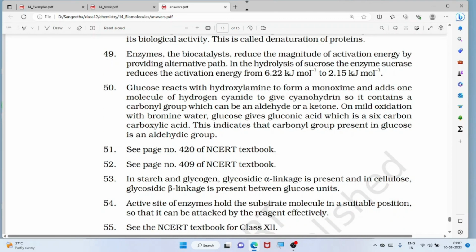Enzymes, the biocatalysts, reduce the magnitude of the activation energy by providing an alternative path. The hydrolysis of sucrose reaches the activation energy, and the enzyme reduces the activation energy.